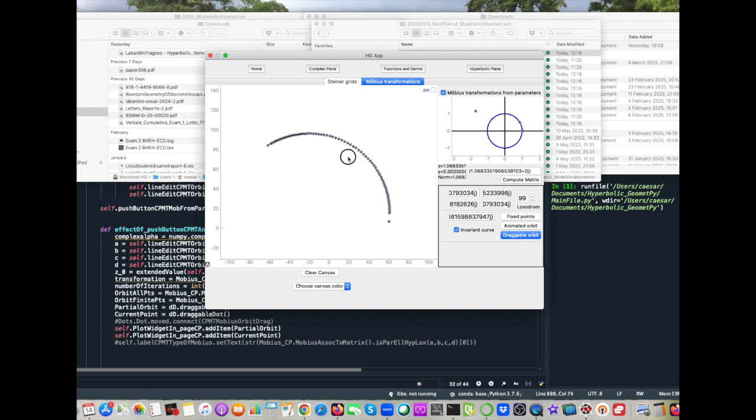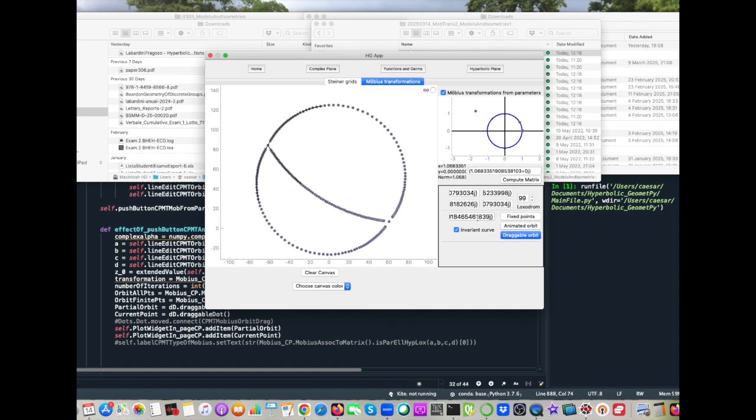You see, this does look like a segment of a common circle. Then you can just start playing around. Okay, and now the loxodromic ones.